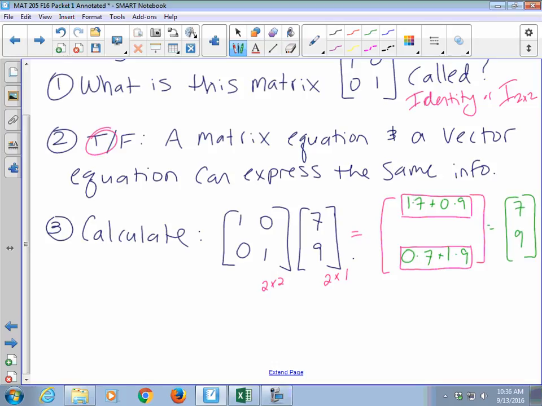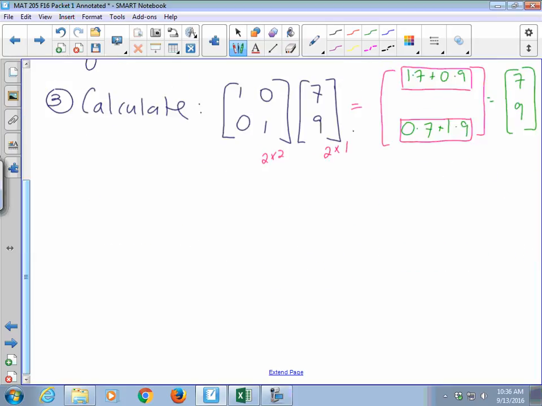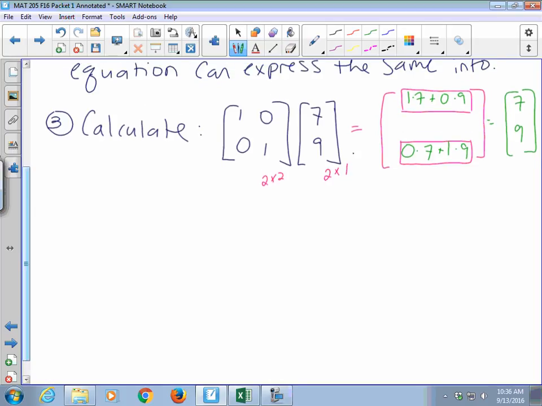And you didn't actually have to do all that work because you know that the identity times something gives you the something back. But the other way to multiply a matrix times a vector, and this is the way that your text emphasized, is to take each column of the matrix and multiply it by the 7 and the 9 as the weights.